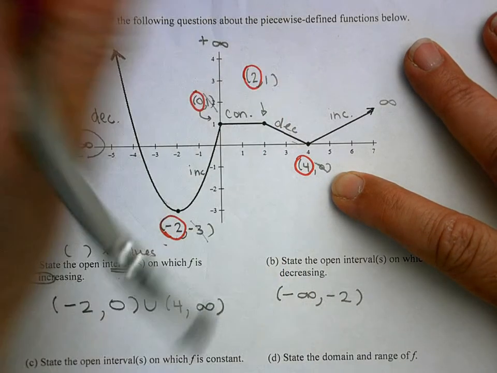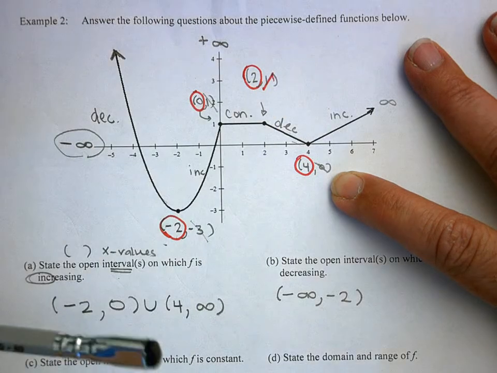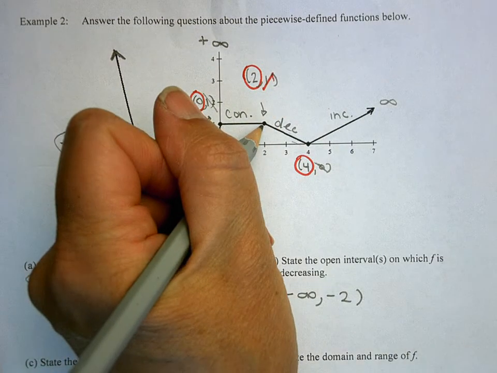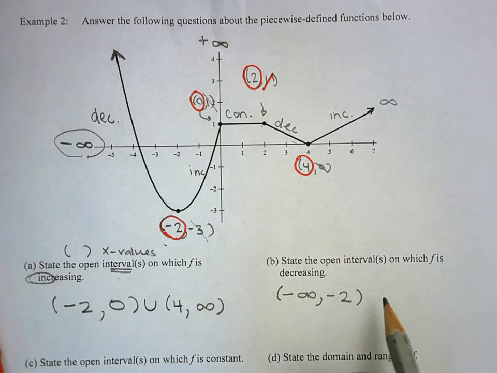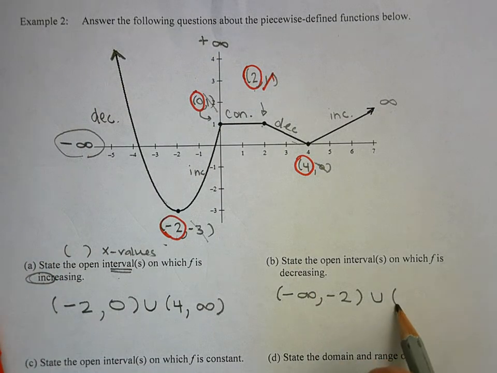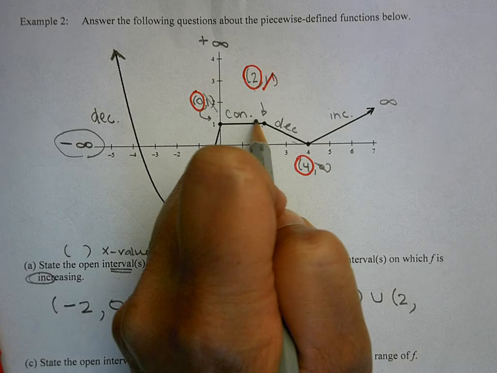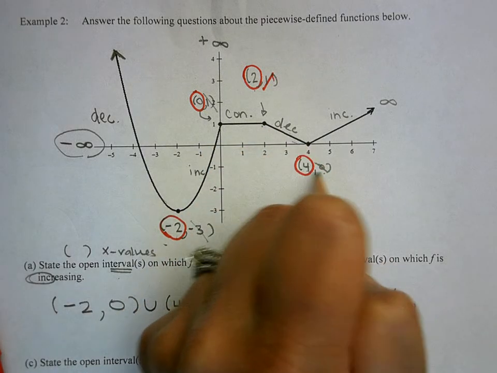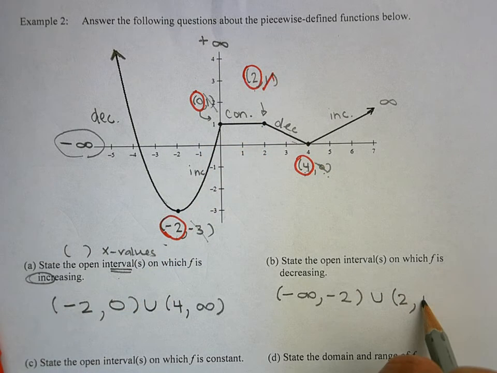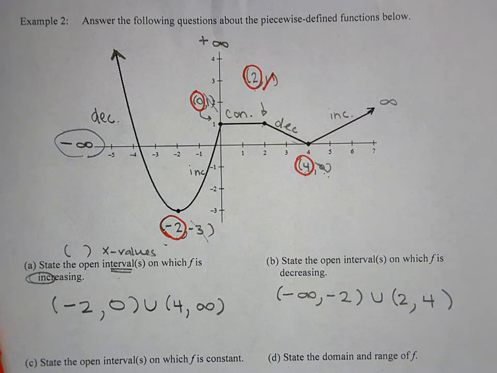We're ignoring that y value. So it started decreasing at this ordered pair, but use the x value, and I'm going to use that union symbol again. So it started at 2, and then it stopped decreasing at this ordered pair, but again, we're just using the x value. Okay. And there was no more, right? That was it. Okay.